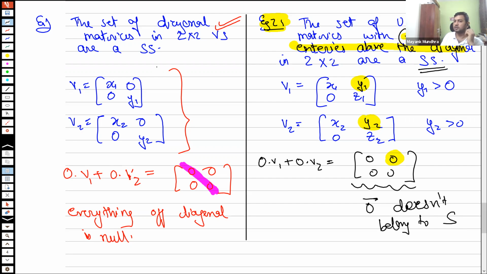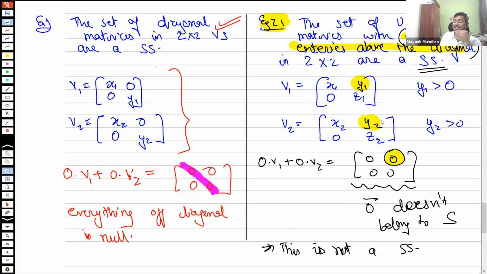The set was upper triangular matrices with non-zero entries above the diagonal, but here I get a 0 above the diagonal. That's not allowed. So I get an element which does not belong to the space given to me. This implies that this is not a subspace.